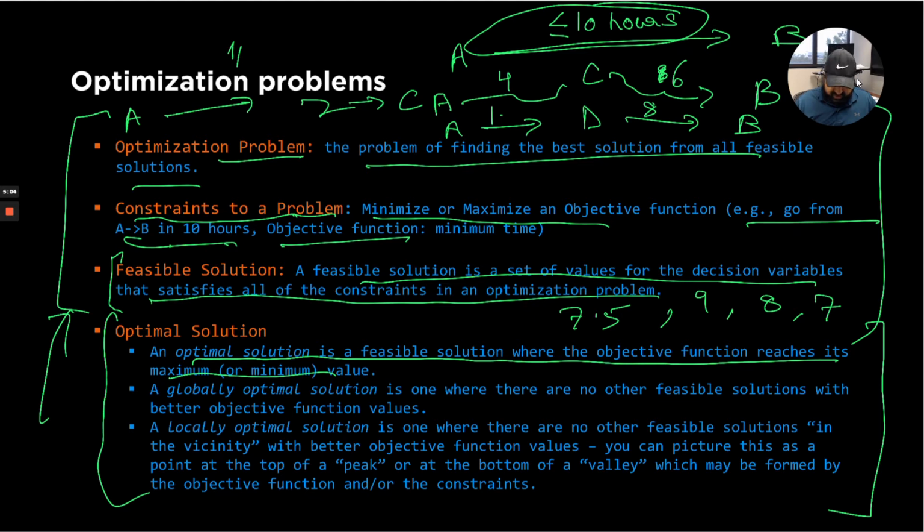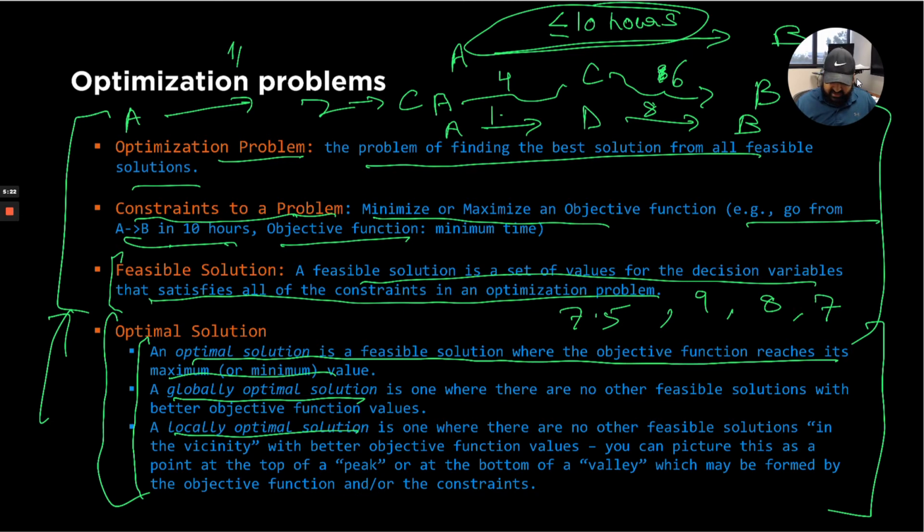When we talk about optimal solutions, there are two different variants. One is a globally optimal solution and the other one is a locally optimal solution. A globally optimal solution is one where there are no other feasible solutions with better objective function values.